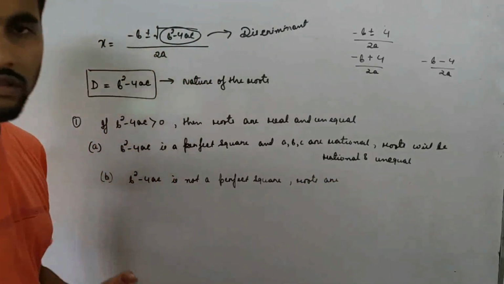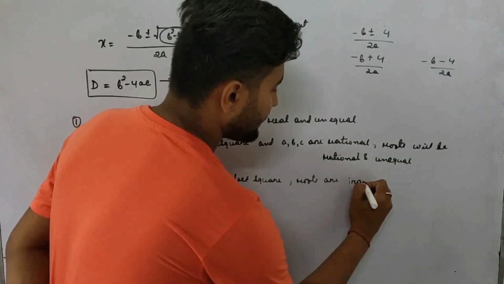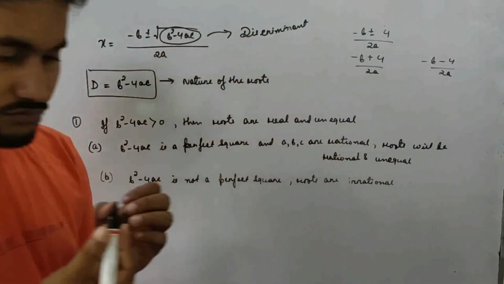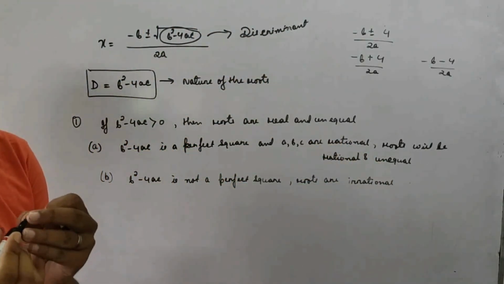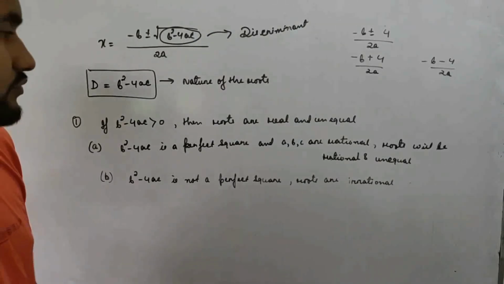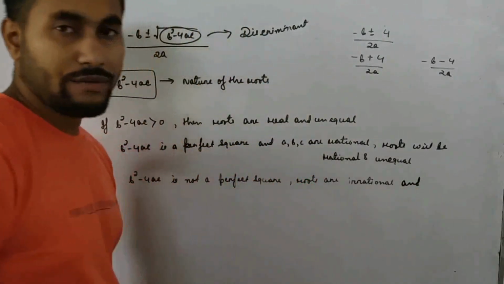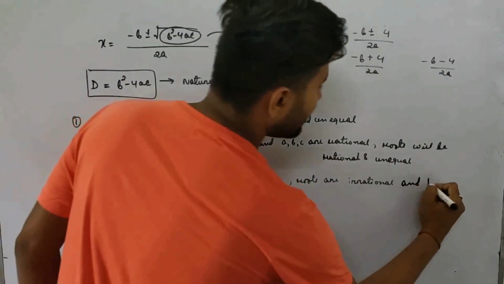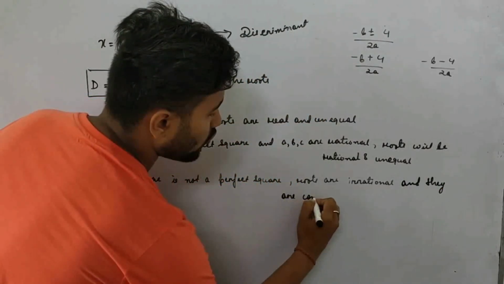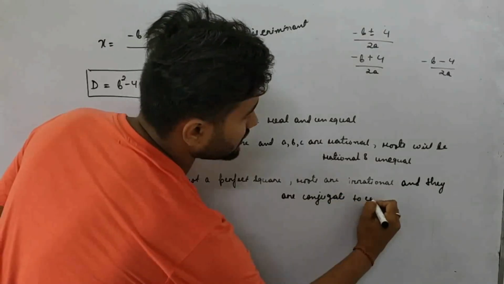If it is not a perfect square, then it is an irrational number. Then roots are irrational, and what? They will not be unequal this time. You have to write and they are conjugate to each other.